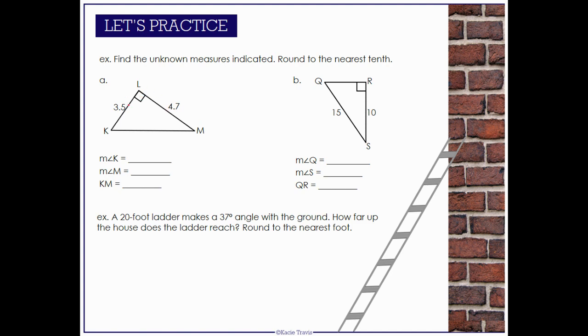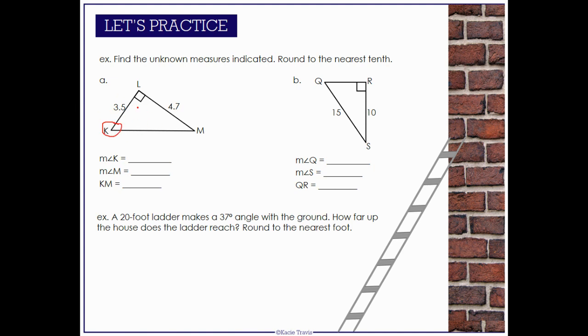So what we have here are 4.7 and 3.5 as our legs. This means that if we use these angles, either K or M, we can go through and use our tangent function. So what I'm going to do is I'm going to use angle K as my reference here.